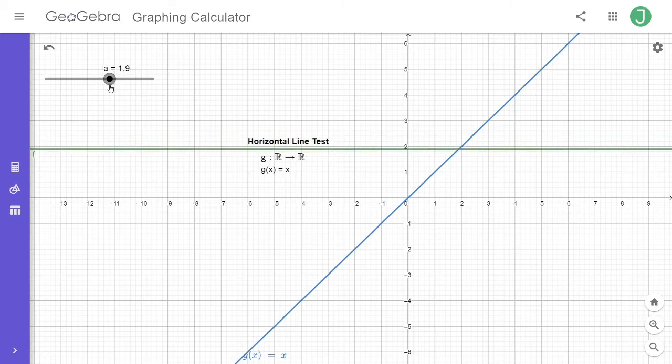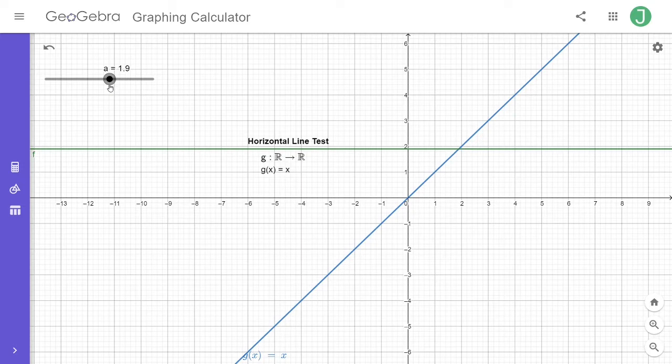Now, if the line touches the graph exactly once, then it will be a one-to-one function. So if the line touches the graph exactly once, it's one-to-one, and if the line touches the graph at least once, it's onto. So we can find whether it's onto and whether it's one-to-one using the horizontal line test.